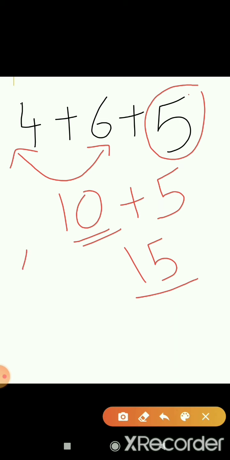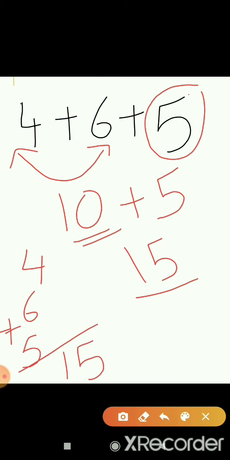So students, 4 plus 6 plus 5 is equal to 15. Got it students? What did we do? We looked for 10. So we have to circle the two numbers which make 10. Got it students?